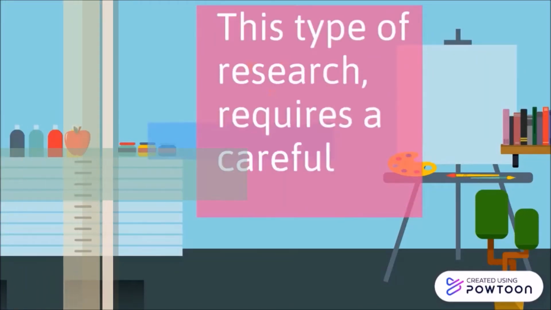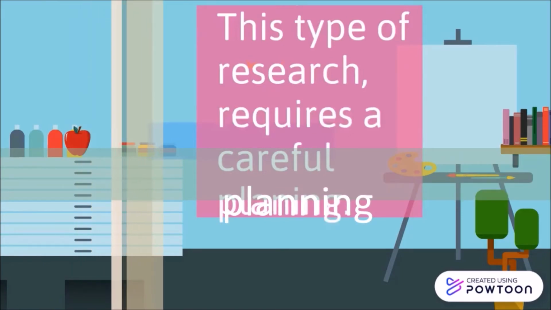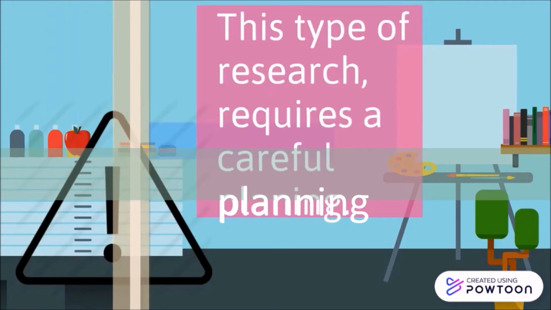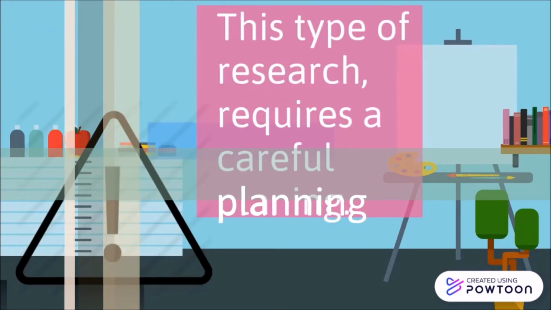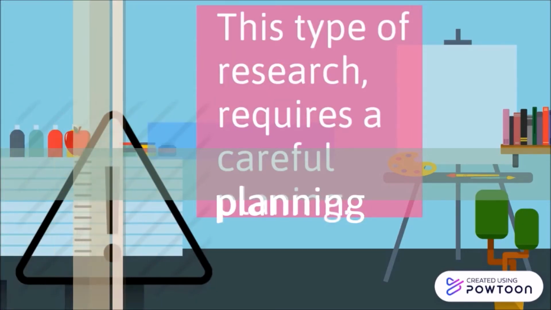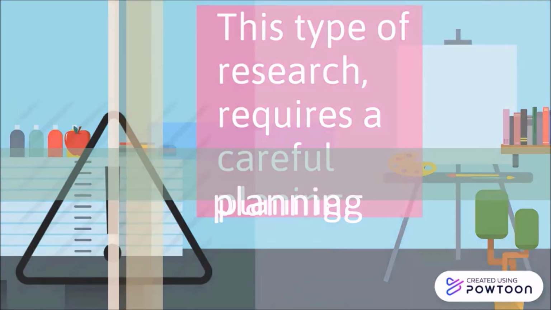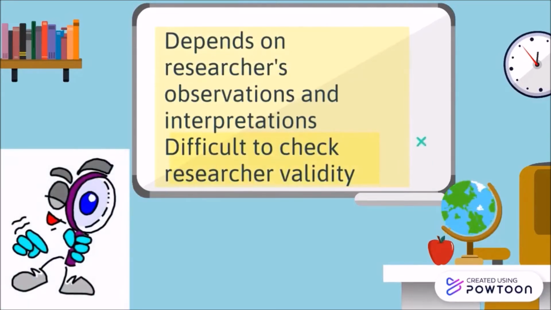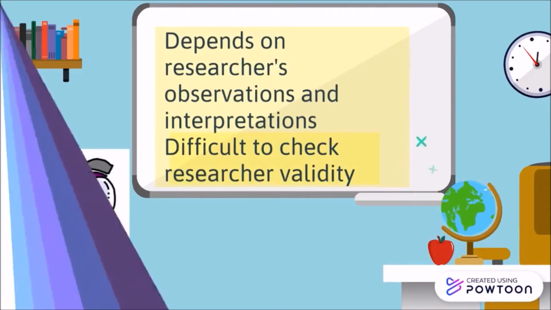The second one is that ethnography research can run the risk of researcher bias. Writing an ethnography involves subjective interpretation, and it can be difficult to maintain the necessary distance to analyze a group that you are embedded in.